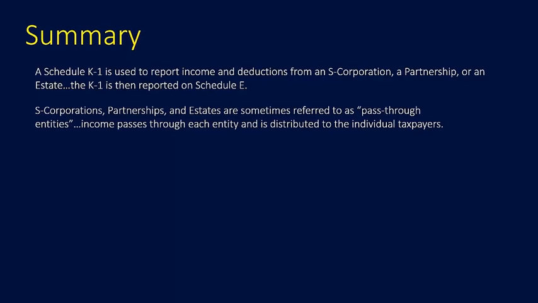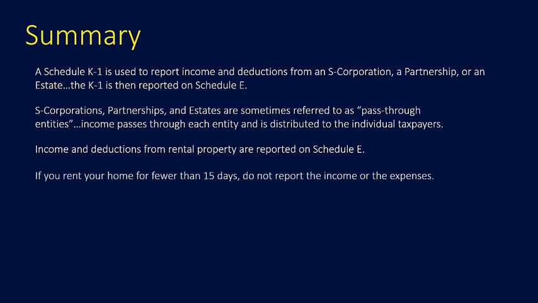Income passes through each entity and then is distributed to the individual taxpayers. Income and deductions from rental property are also reported on Schedule E. If you rent your home for fewer than 15 days, you do not report the income or the expenses.